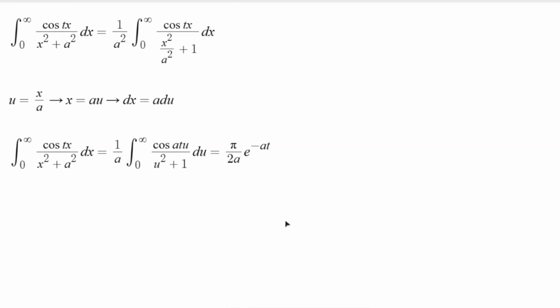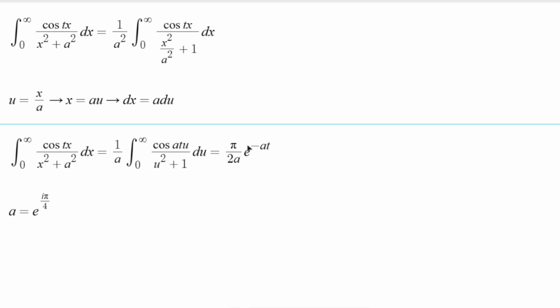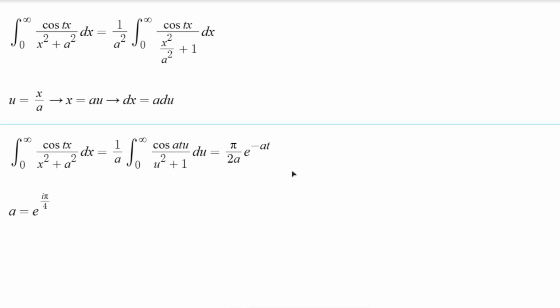All right. So next, we are going to let our a equal e to the i pi over 4. And remember I said that this integral will converge for t values, or in this case, at values, whose real part is greater than 0. And if we plug in a is equal to e to the i pi over 4, that will be satisfied.